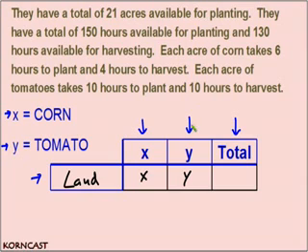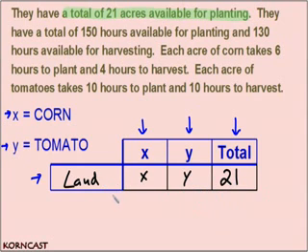But as we read through this problem, we know that we have a total of 21 acres available for planting. So the first thing I would do is highlight important information. For example, this is pretty important. So I know that my total land for this problem is going to be 21. So the first thing I do in my little table is fill out all the appropriate information. Corn plus tomatoes, total of 21.